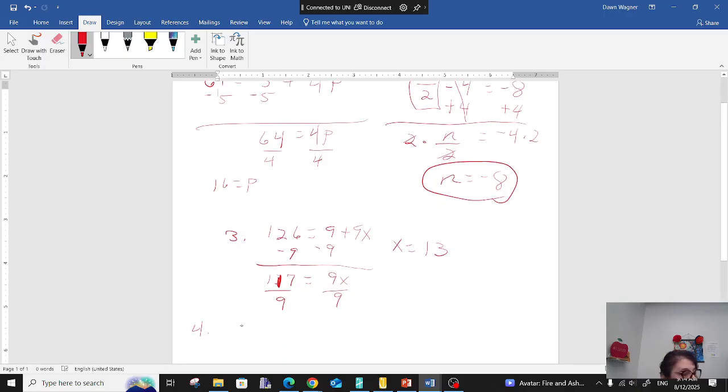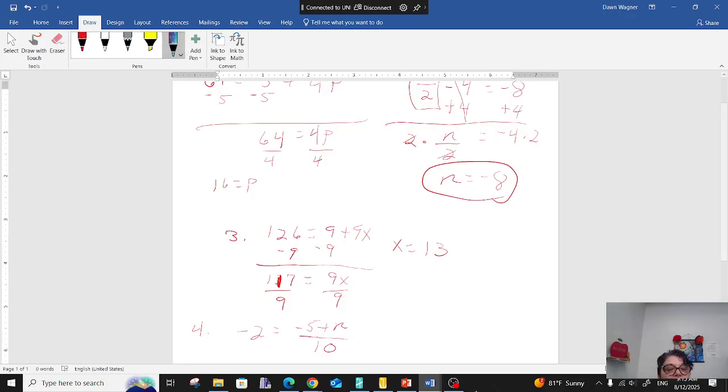Number 4, we have negative 2 equals negative 5 plus n divided by 10. Now, this is different. Number 4 is different than number 2. Number 2 has the small fraction, right? But this one is the big fraction. When you have the big fraction, you need to clear the fraction first.